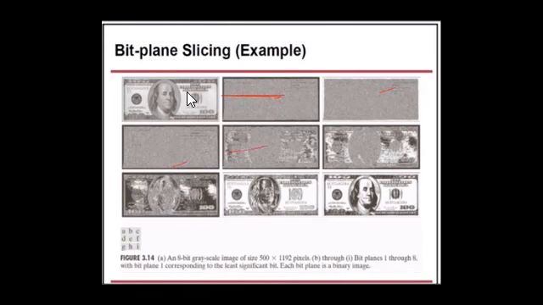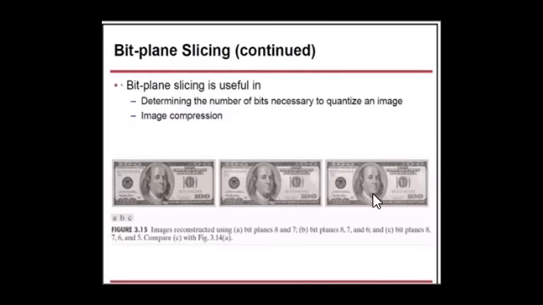If we apply bit plane slicing, we can get a binary image also. We can get different images according to the different reference bit plane we are using. See, this is the final image that we get.